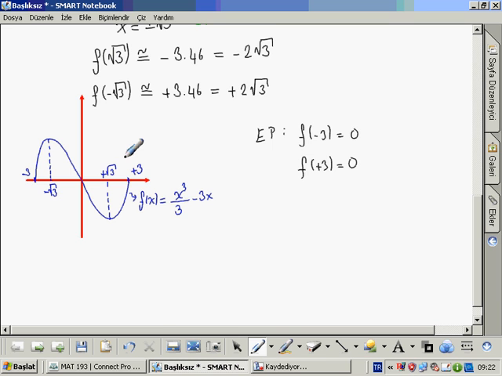So we can say there is no singular point here, only endpoints.